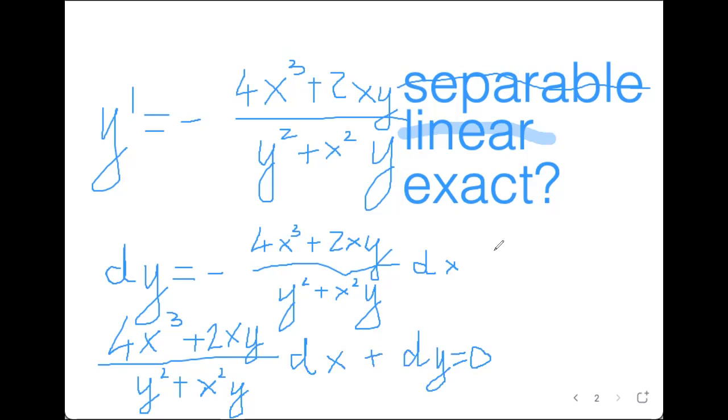So capital M is 4x cubed plus 2xy over y squared plus x squared y.